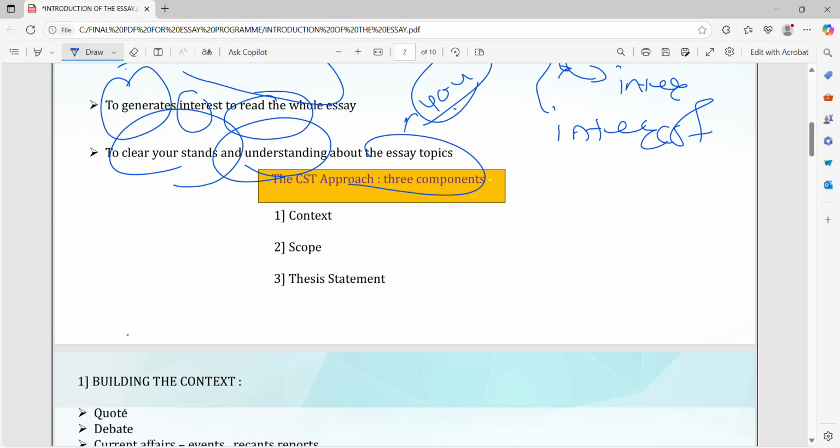So there is a need for two sides of globalization: firstly Marxism, and secondly liberalism. That is how we write our stand.